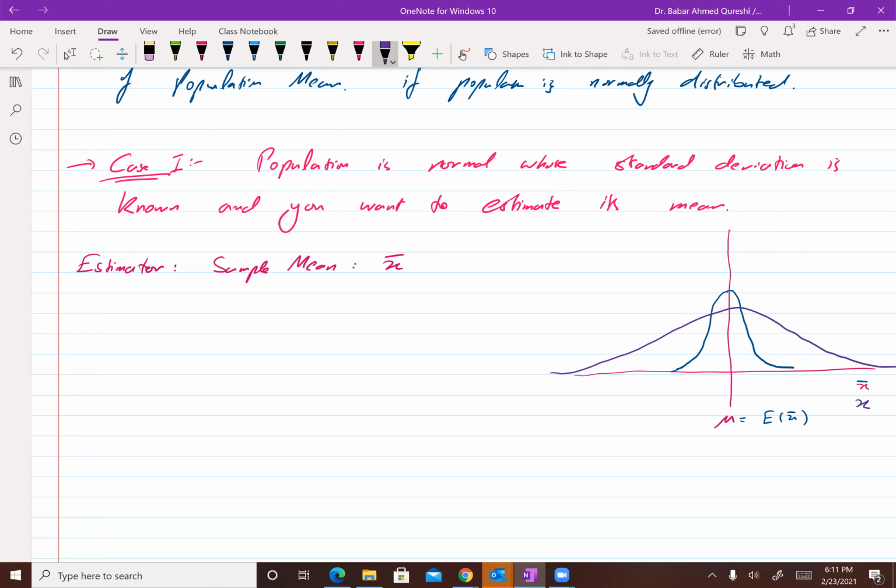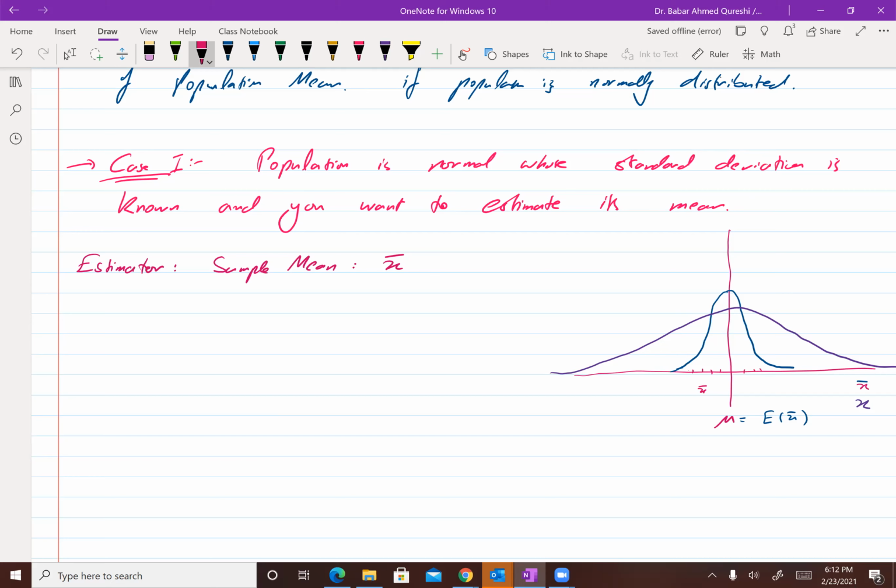It is given to me that it's also normally distributed. Now, when I pick a particular value of X bar, it will hit somewhere around here. I will not always hit at mu. And being away from mu and being within a certain range of mu will have a certain probability.